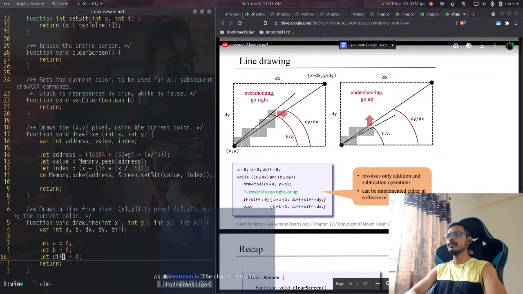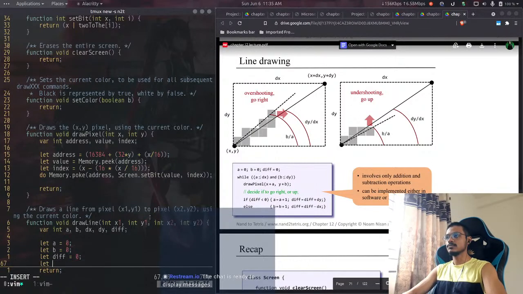How do we do that? dx and dy is the difference between these 2 points, difference between the x and difference between the y.